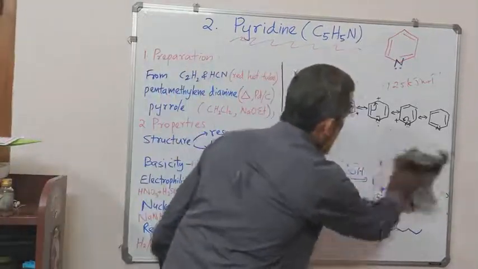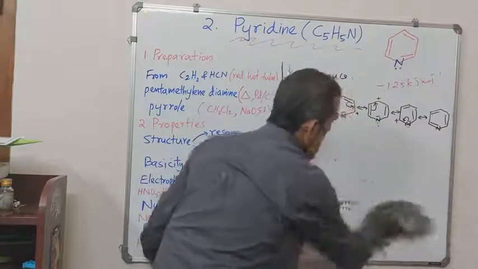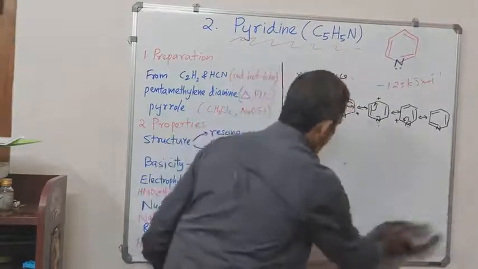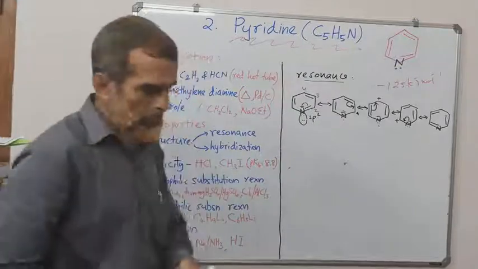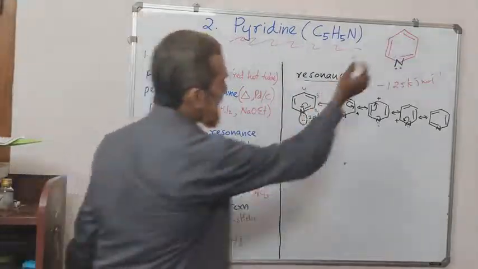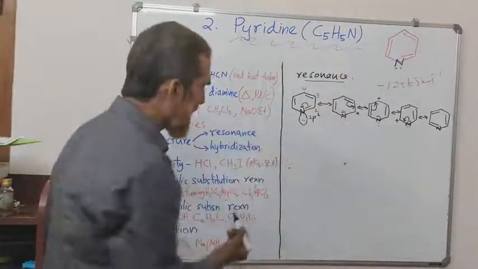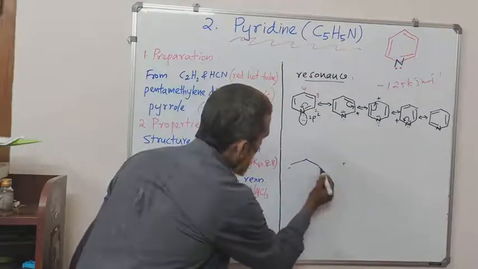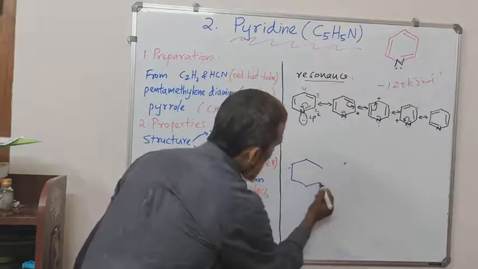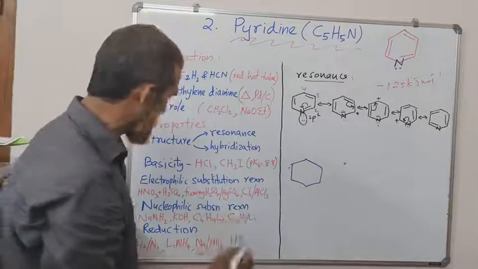Now finally we have a few reduction reactions. Pyridine can be reduced using various reducing agents. You can add hydrogen, and there are different reaction products using different reducing agents.